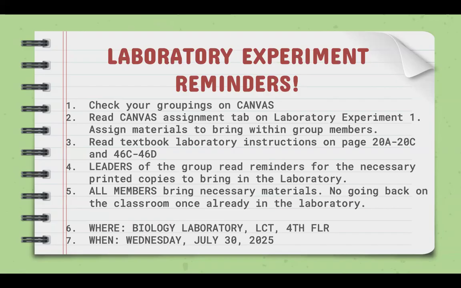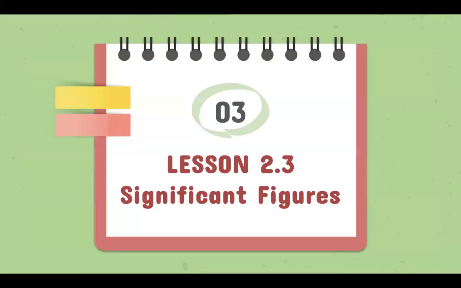Prepare the necessary materials for the upcoming laboratory experiment, except for those already available in our laboratory, like the glassware, beaker, graduated cylinder, and watch glass. You don't have to bring all of that, only those that are not available in our laboratory. All right? See you on Wednesday for our laboratory experiment.